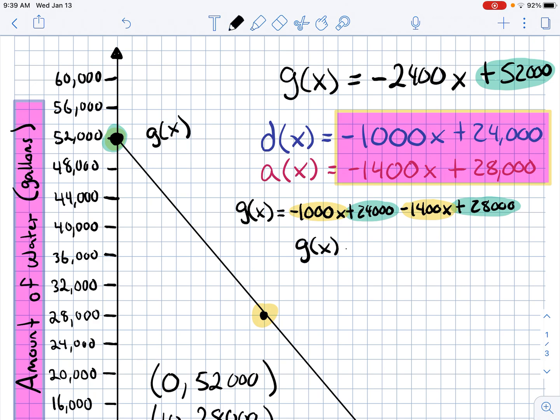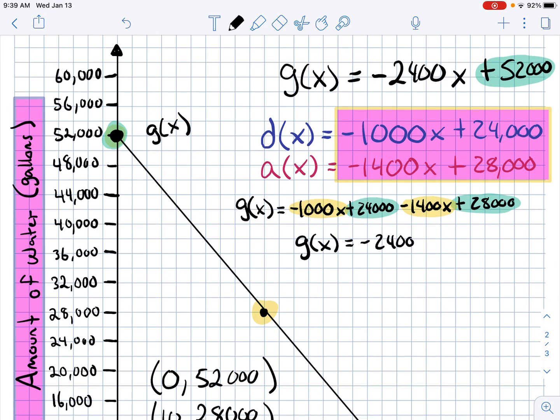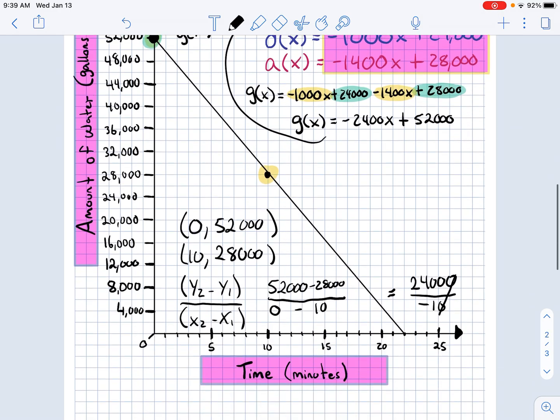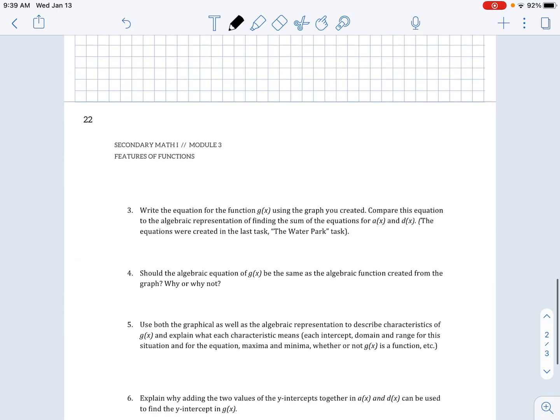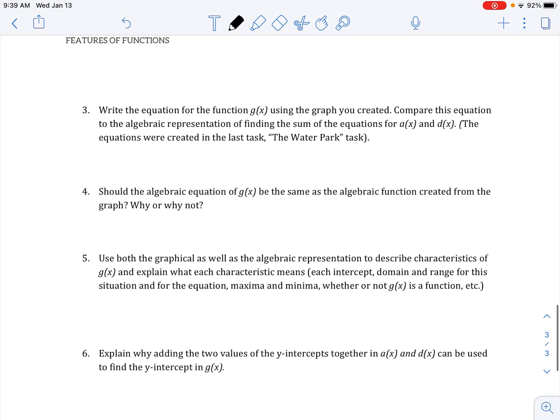So g of x equals, if I combine my x's, minus 2,400x plus 24,000 plus 28,000 is 52,000. And as you can see, it is the same as the equation we got from the graph. Should the algebraic equation g of x be the same as the graph? Yes, it should, because we're adding the same starting amount of water and taking water out at the same rate.